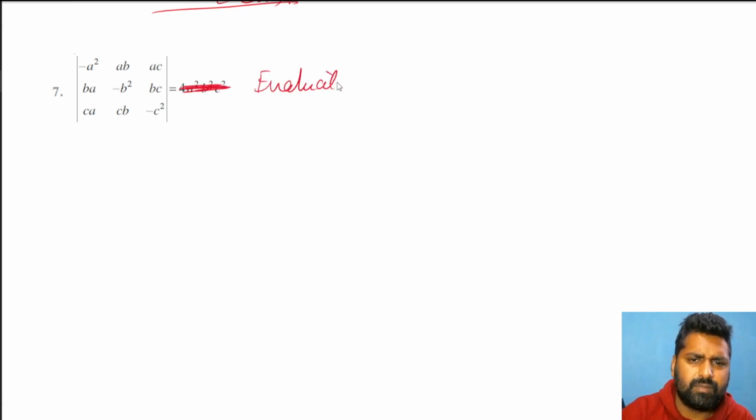Fine, it is given, but just try to think. If I see this determinant, I can see a common in the first row, b common in the second row, c common in the third row.